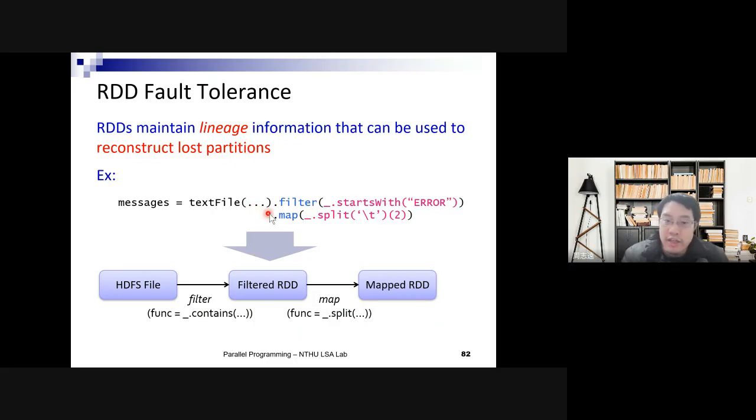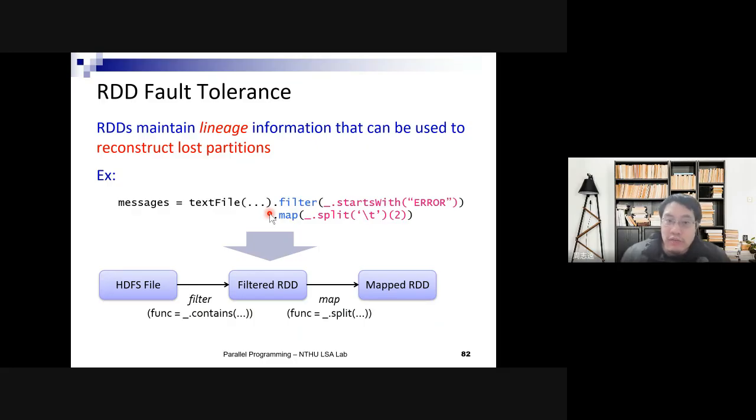As a matter of fact, the traditional database also often implements this kind of solution for failure recovery on a single machine, because even a single machine could have some failure, right? And then the database sometimes needs to recover the content cached in memory.